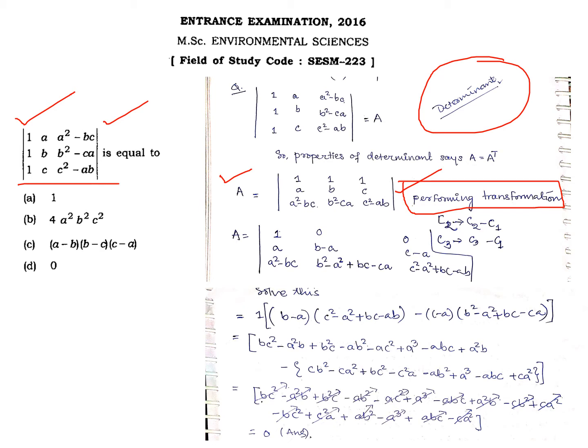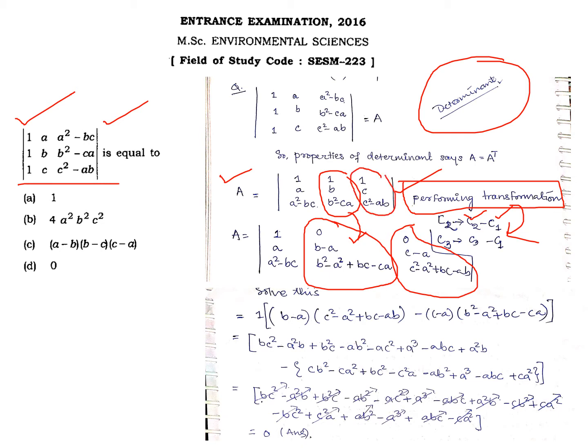The first transformation I will perform here is to convert column 2 to column 2 minus column 1. So this is the answer. Similarly, we should also transform column 3 to column 3 minus column 1.